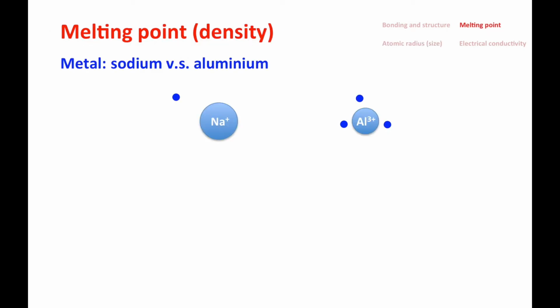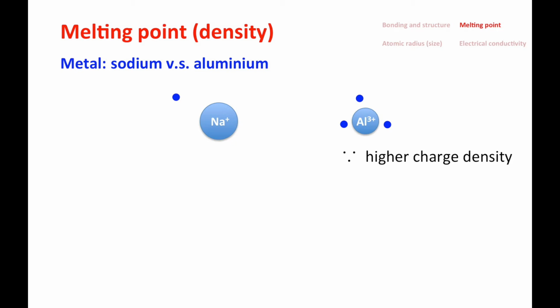The third point we are going to discuss is the melting point or density. For metals, it is about the metallic bond strength. Here we have sodium and aluminium as an example. Aluminium has higher charge density: it has a 3+ charge versus +1 in the sodium ion. Second, as we mentioned in the previous page, the aluminium ion's size is smaller.